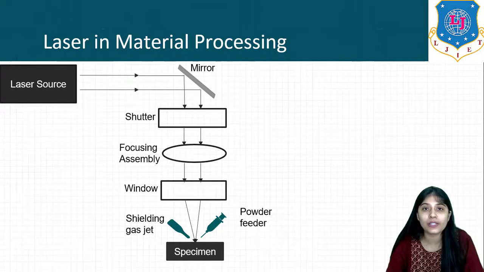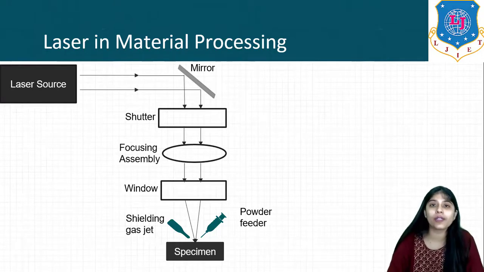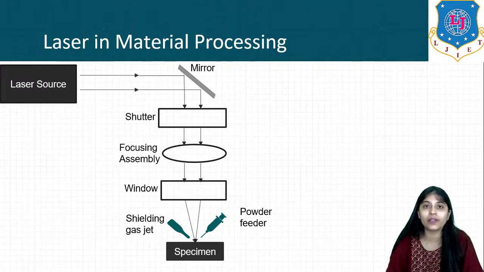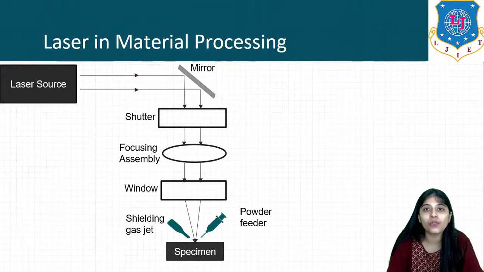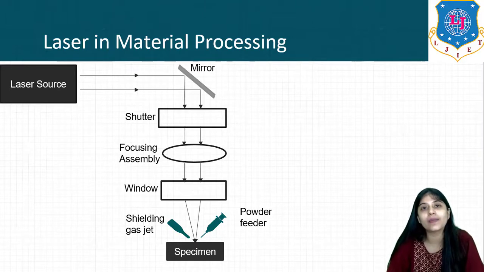Then a shutter is used to control the intensity of the laser. Then the focusing assembly, as you can see here in this figure, is actually a combination of different optical lenses, right? It is used to get a fine beam. Then a window is used so that the laser beam can be focused at a proper point that we need to focus, right, in the specimen.